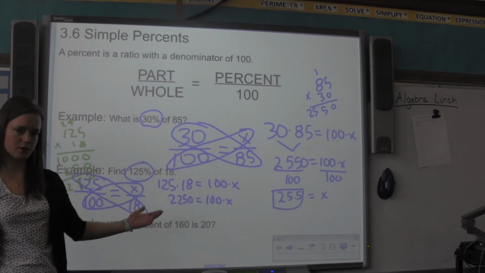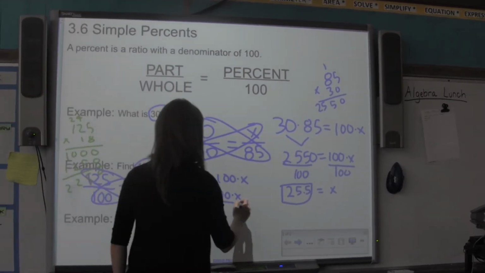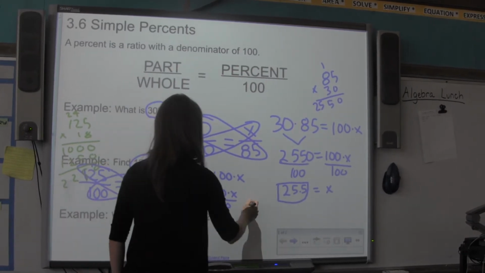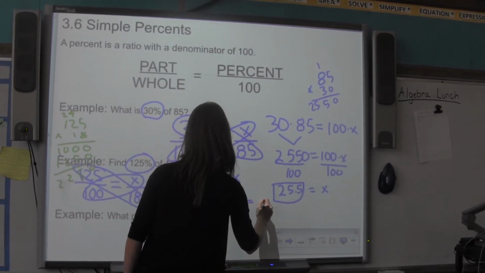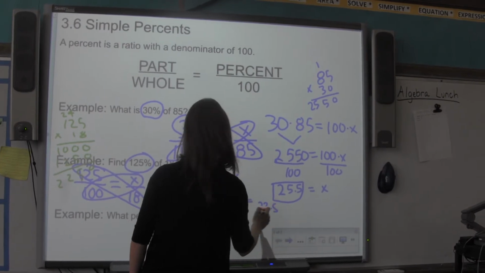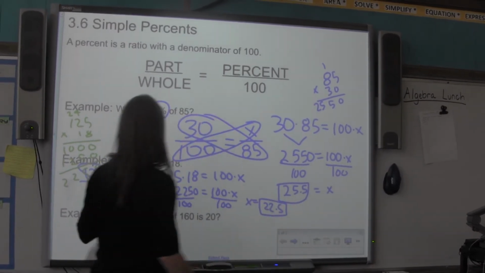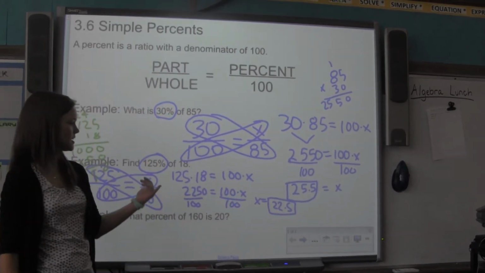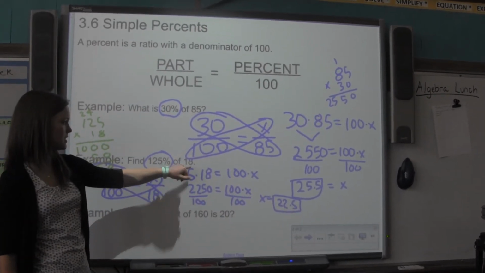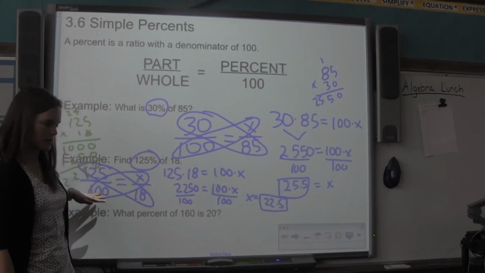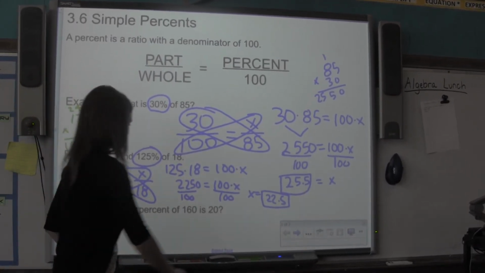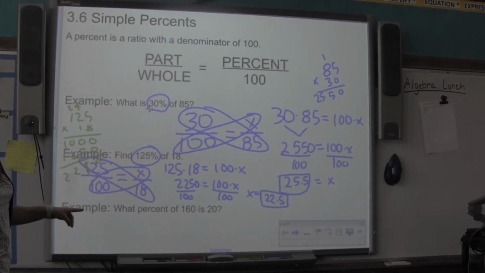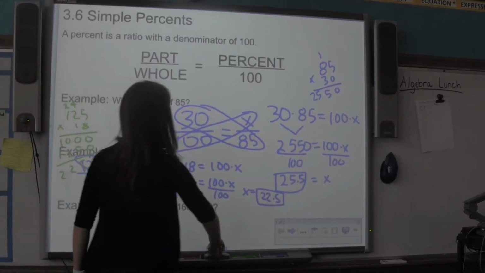Solve this by dividing both sides by 100. And I get that x is equal to 22.5. So 125% of 18 is 22.5. I'm going to think about that answer. 22.5 is more than 18, just like my part is more than my whole in the percent. So I'm good.